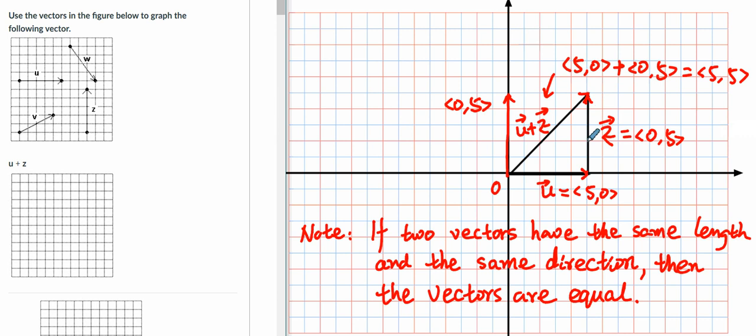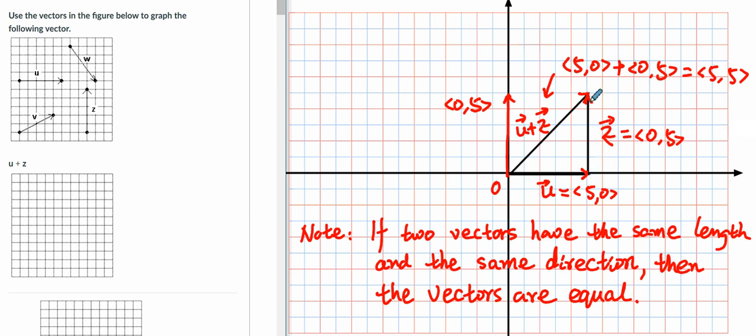Okay, one more time. You have an initial vector, the first vector you put on the origin. The ending point is here. And the second vector, you put the initial point of the second vector on the terminal point, the ending point, of the first vector.